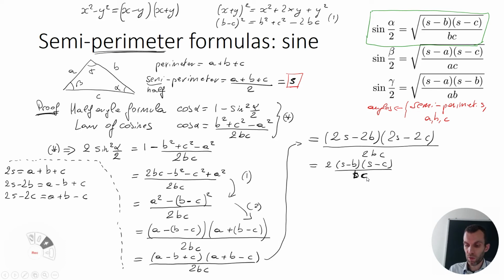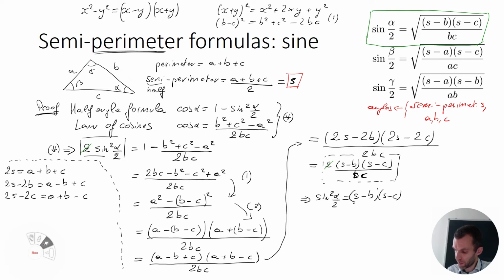So now let's have a look at where we started. We started with this, 2 times sine alpha over 2 squared, and we end up with this. So again here the factors of 2 will cancel, so this 2 will eventually cancel against that 2, and what we have left is sine squared alpha over 2 is (s minus b)(s minus c) divided by bc.